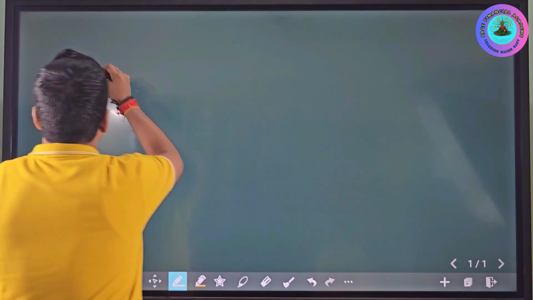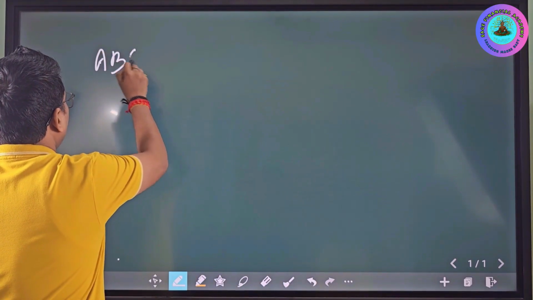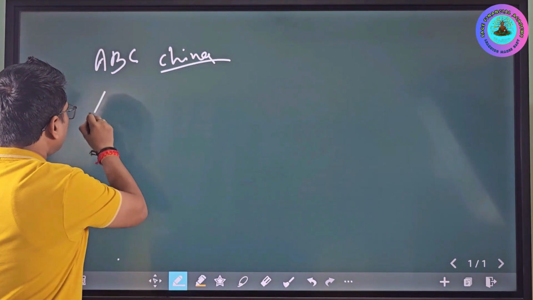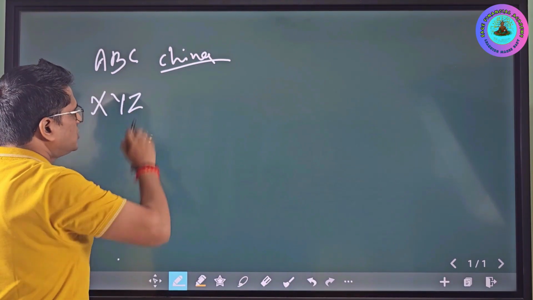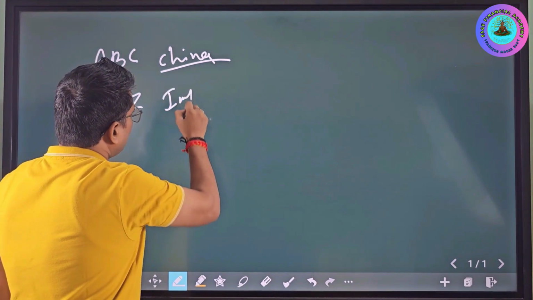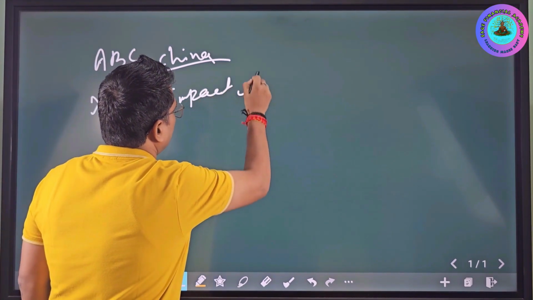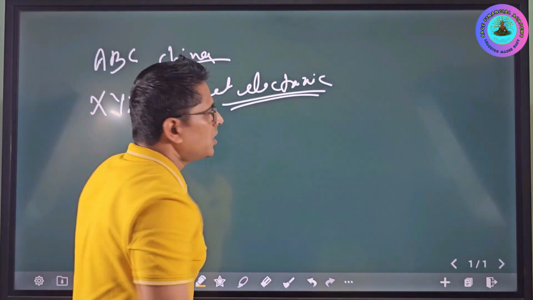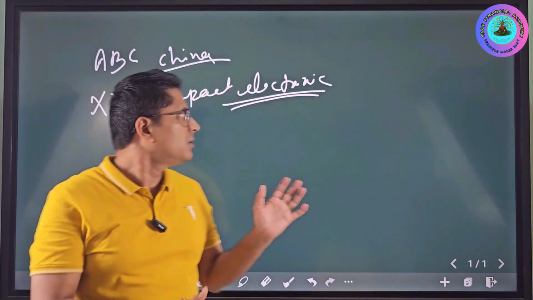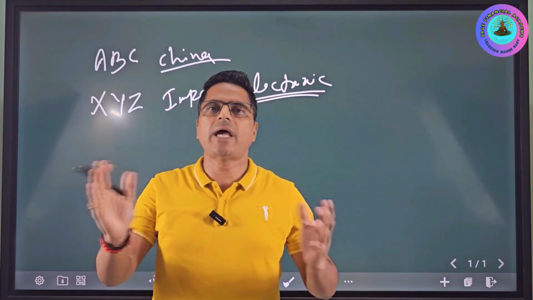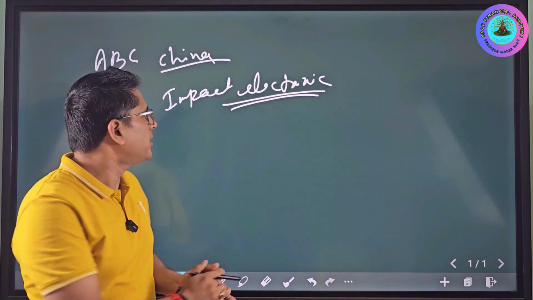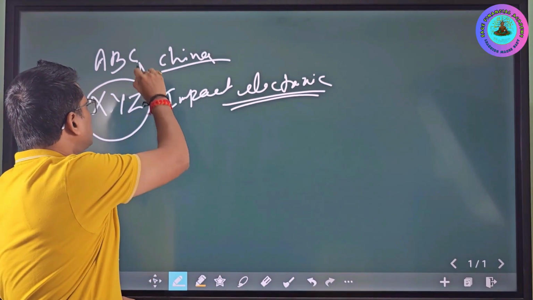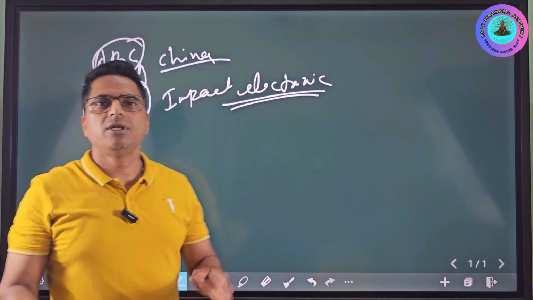ABC is a company in China, and XYZ is a company in India which wants to import electronics. That entity wants to buy those goods because electronic products are cheaper in China, and to sell in India, the Indian entity XYZ wants to buy the products which ABC is producing.